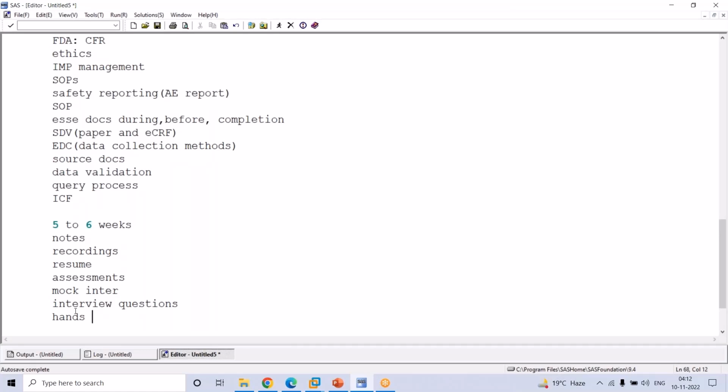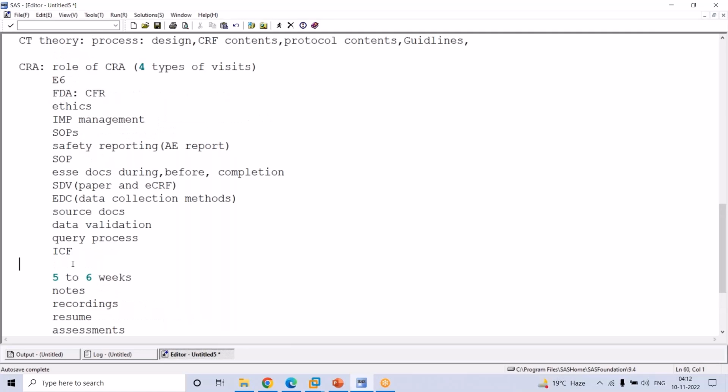Hands-on training on EDC, electronic data capture. So this is a basic curriculum and also what I'm going to cover during these 5 to 6 weeks. And these are all the features.